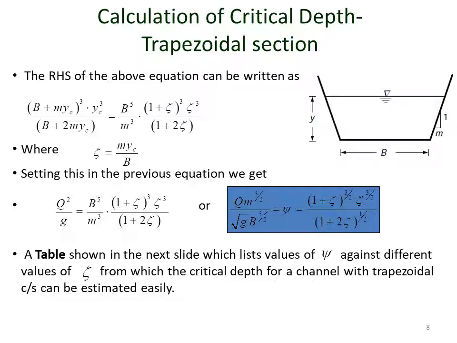So we are going to use a table in which the values of psi are given against values of xi, and using the table we are going to derive the critical depth for trapezoidal channels. The table is shown in the next slide.